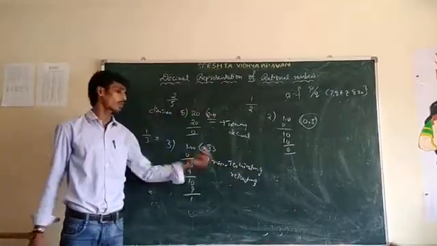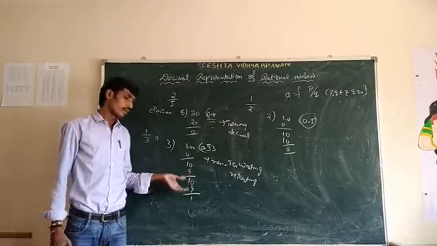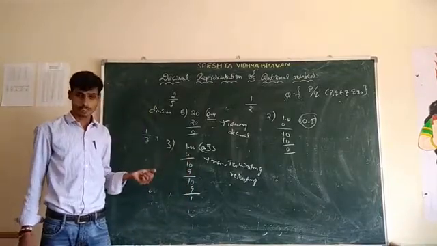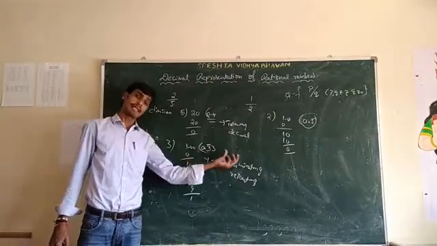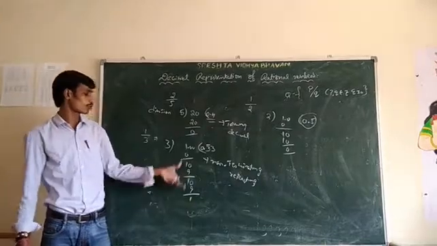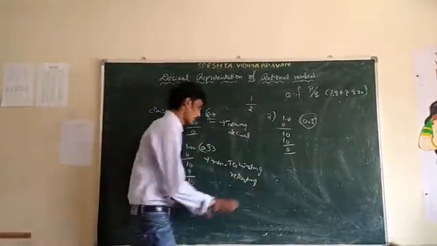So what is non-terminating and repeating? When the remainder is the same, the same number repeats after some steps. The quotient is repeated and the remainder is also repeated. Those are called non-terminating and repeating decimals.